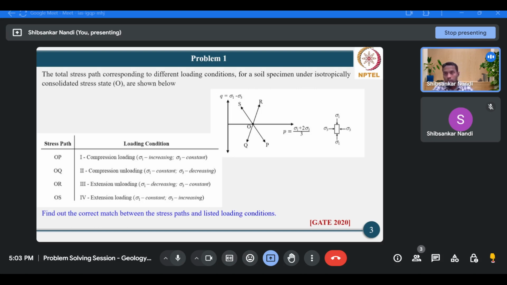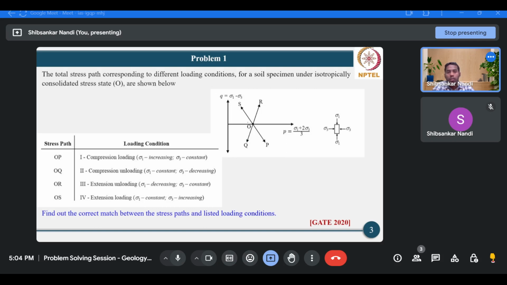So the total stress path corresponding to different loading conditions for a soil specimen under isotropically consolidated stress state O are shown below. These are the stress paths, obviously in terms of total stress. This is OR, this is OS, another stress path OQ, and this is OP.